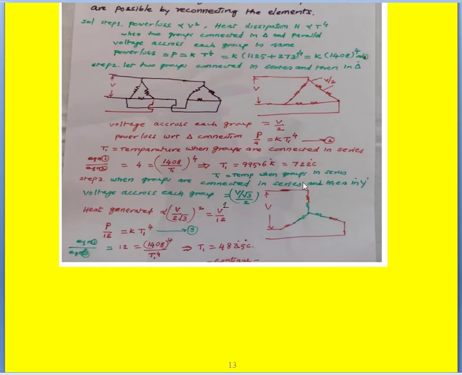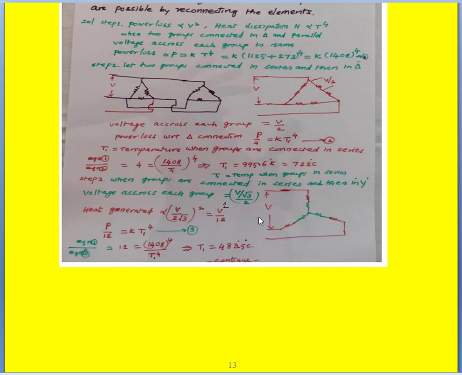So here, if you look at this properly, the voltage that is getting per phase for each group is less than the previous value. That is V by 2 root 3. Earlier it was V by 2.